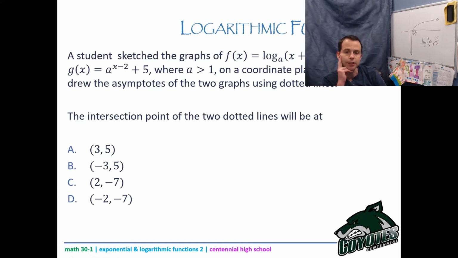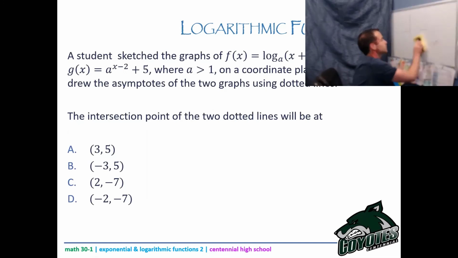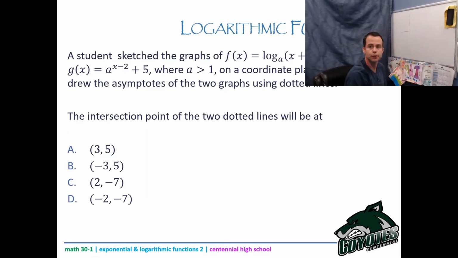The intersection point of the two dotted lines would be at, well, you have a logarithmic graph there for the very first one, where it has been moved 3 to the left and down 7. Now the down 7 is sort of inconsequential to us right now, but the moving 3 to the left is super important because the 3 to the left is going to cause that asymptote at x equals -3.